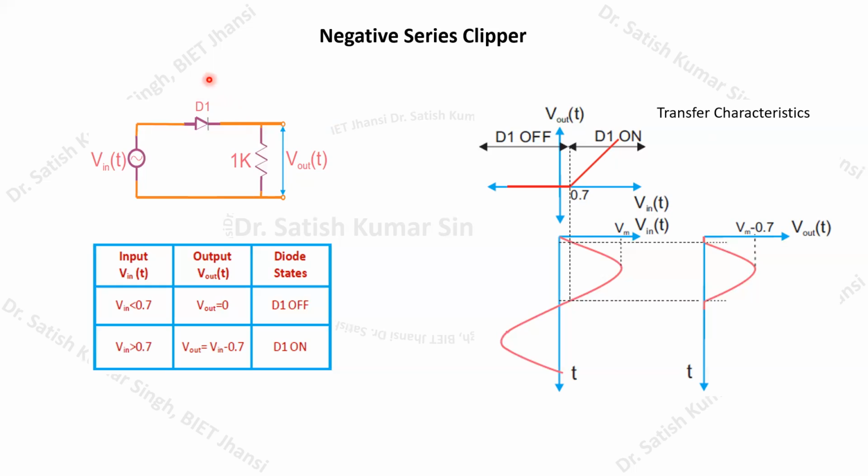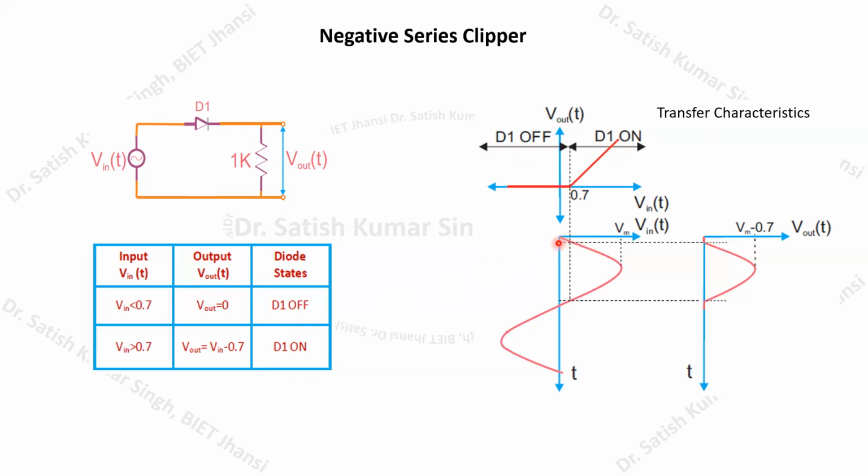The voltage drop across the diode equals 0.7 volt, and then you can calculate V output, which will be V in minus 0.7 volt. In that case, D1 will be in the on state. So again, you can see this waveform.